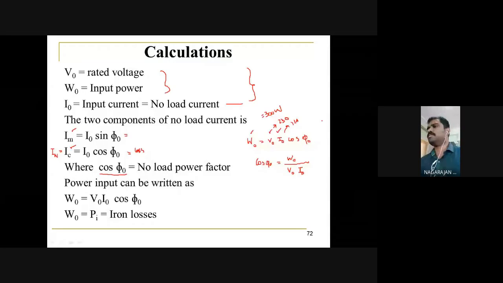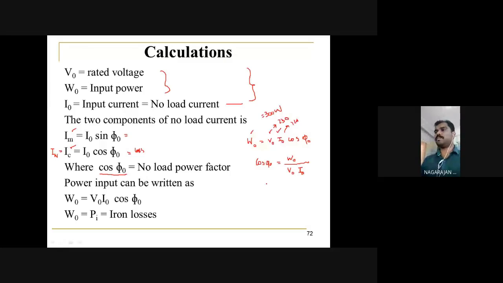Okay, so what will be the power factor? It will be 300 watts divided by 230 into 1.1. You will get some fractional value. If you find that value, you will get the power factor.